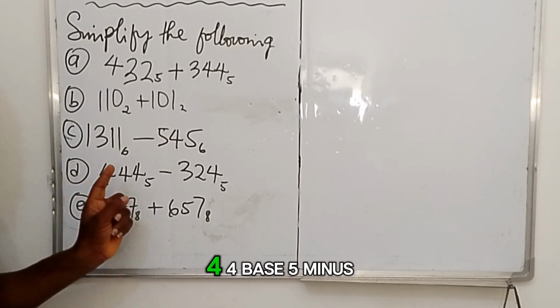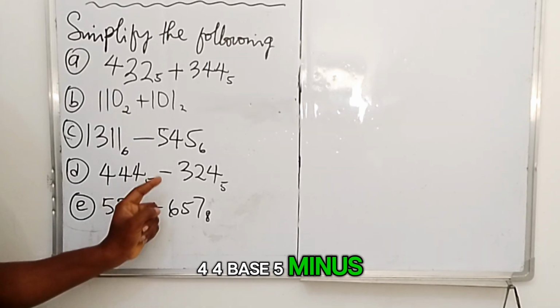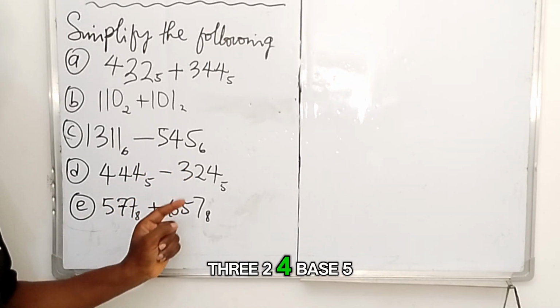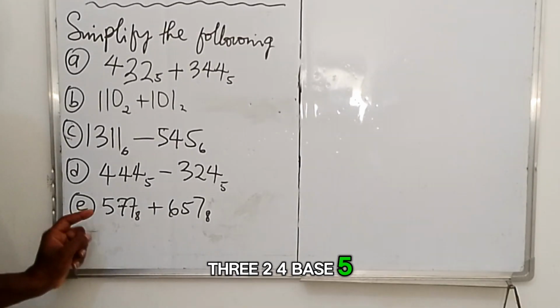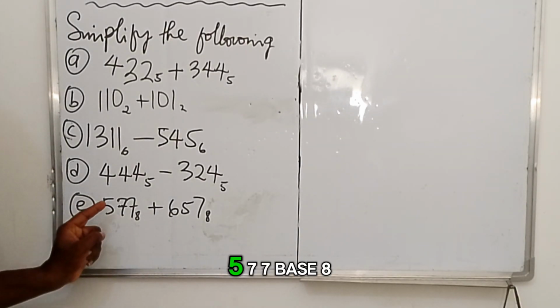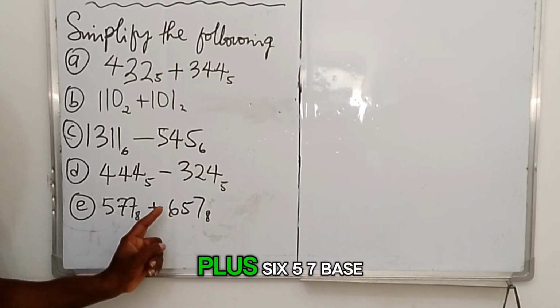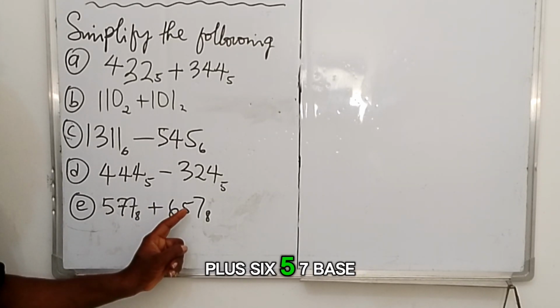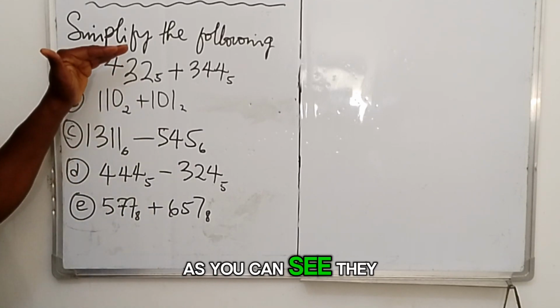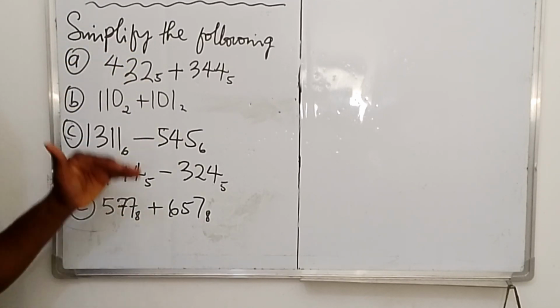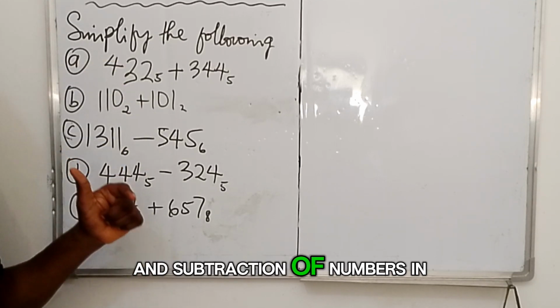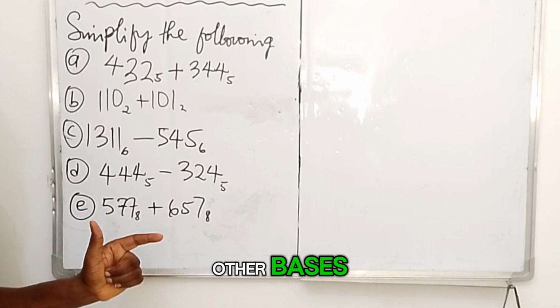D, 444 base 5 minus 324 base 5. E, 577 base 8 plus 657 base 8. As you can see, they are both addition and subtraction of numbers in other bases.